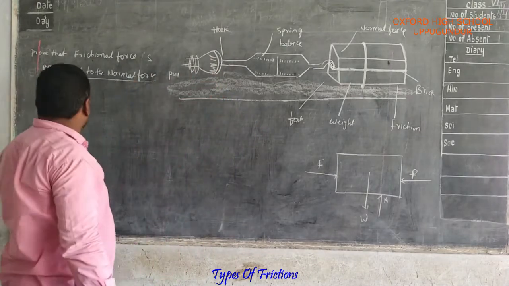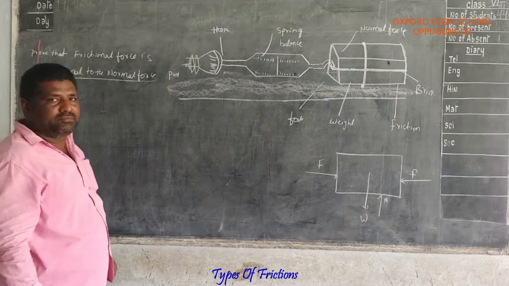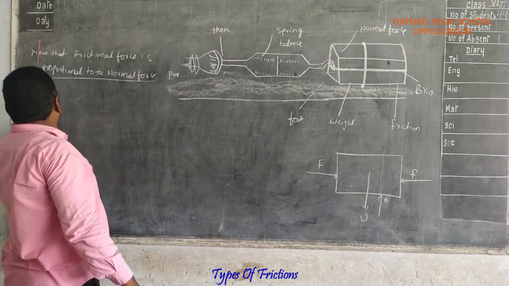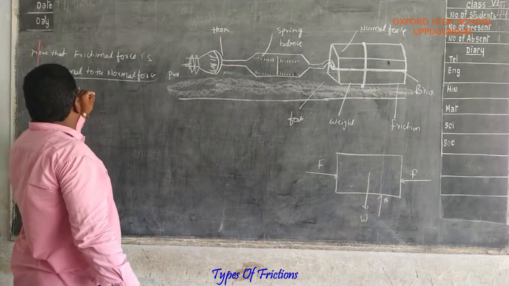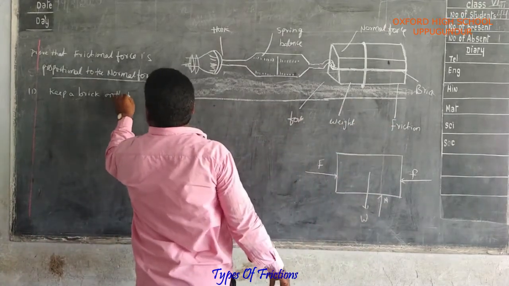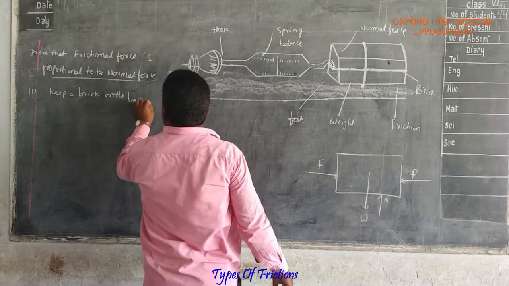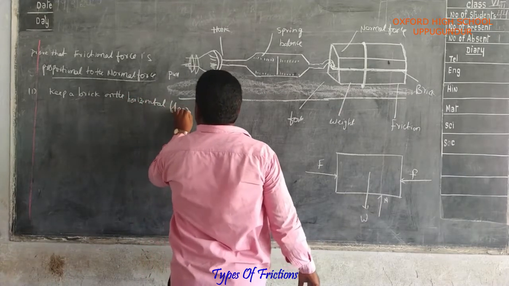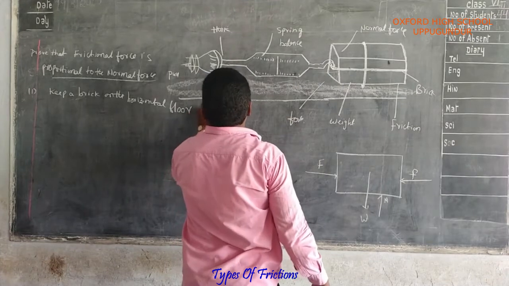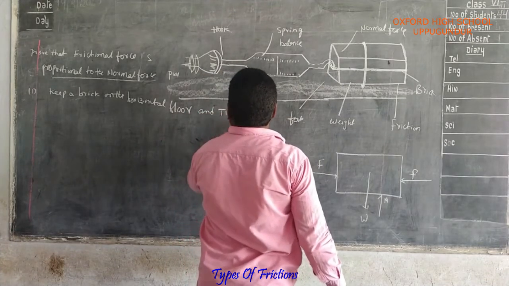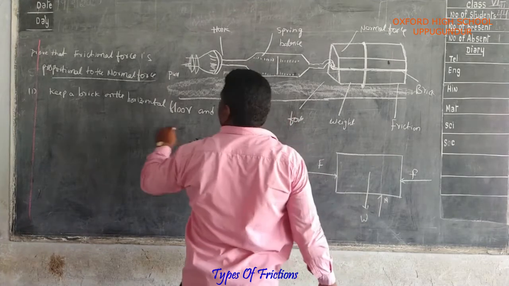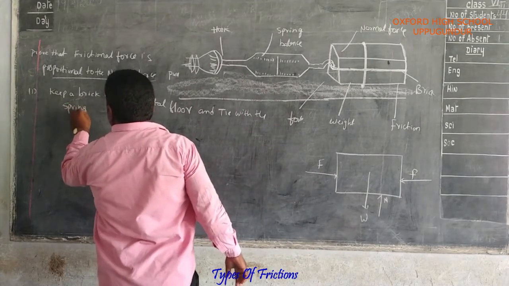Now, first point: keep a brick on the horizontal floor and tie it with the spring balance.